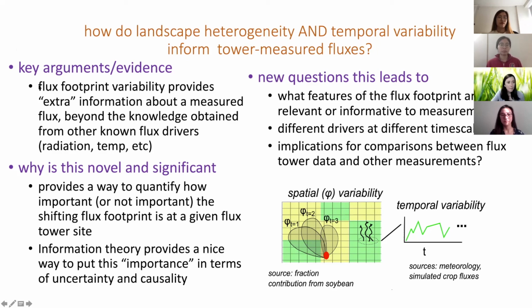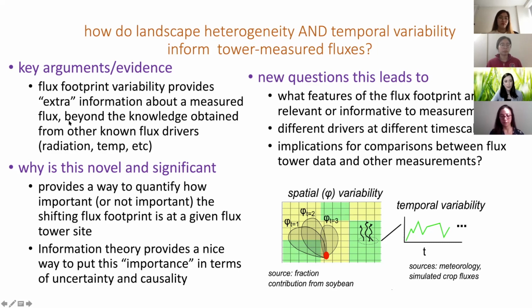From what we know now, the flux footprint, or the upwind contributing area of a given flux measurement, provides extra information, or should provide extra information, about a flux measurement that is hopefully beyond the knowledge we can obtain from other flux drivers that we normally think about.